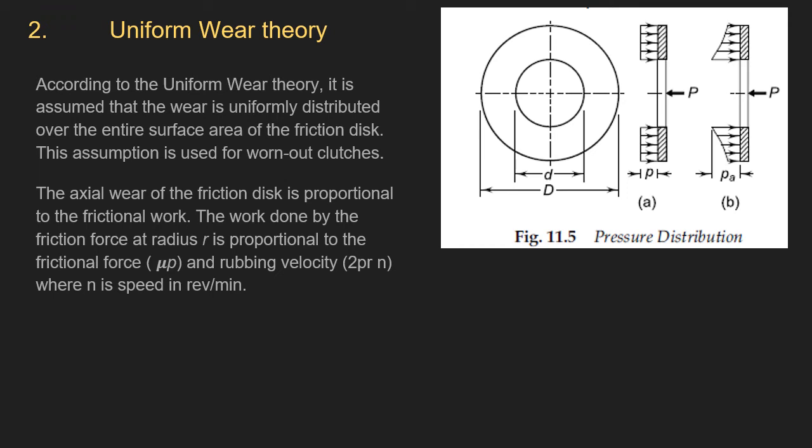Now if you look at the figure here, you can see that the pressure is no longer uniform. As you can read here, the axial wear of the friction disk is proportional to the friction work. And we know that the friction work is the frictional force mu p into the rubbing velocity, which will be 2 pi r n, where n is your speed in revolutions per minute.